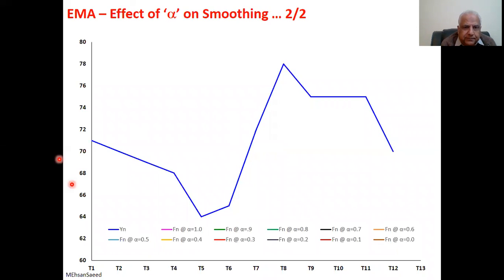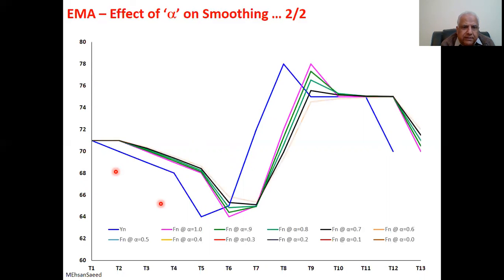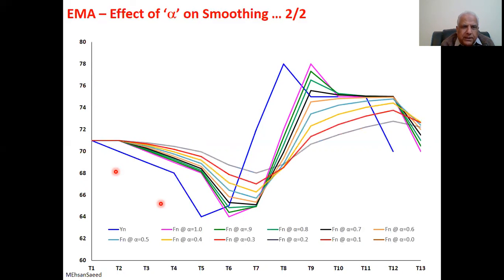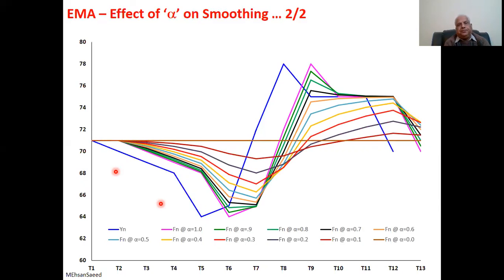Let me play it again. The value of alpha is decreasing from 100 to 0, 90, 80, 70, 60. And see what is happening to this graph. Is it flattening, or is the variation going to increase? We go again. 100, 90, 80, 70, 60, 50, 40, 30, 20, 10, 0.